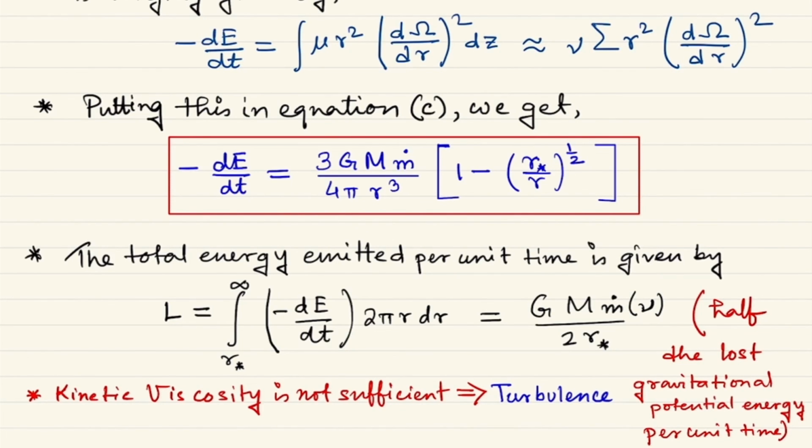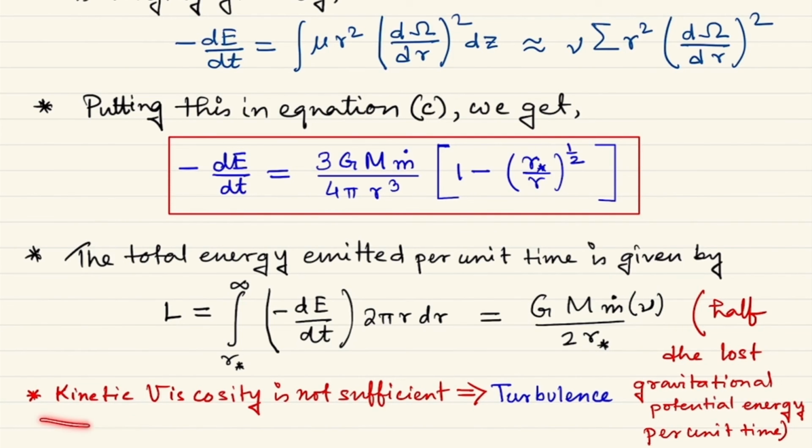Now an interesting thing is that when people start estimating this type of energy, for example, if they use this formula, L is equal to this, and then use the kinematic viscosity, they estimate from normal kinetic theory that the energy emitted is much lower than what is really observed.